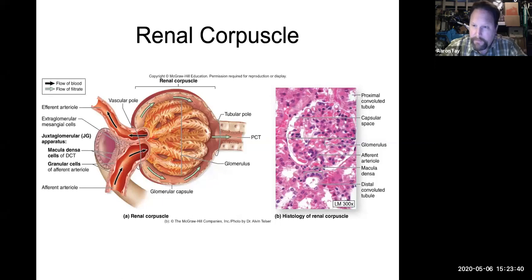They're going to be measuring input to the renal corpuscle. The macula densa cells are found in the distal convoluted tubule, but only the part of the distal convoluted tubule that swings past the vascular pole. So this structure here is the distal convoluted tubule, while that structure over there is the proximal convoluted tubule.